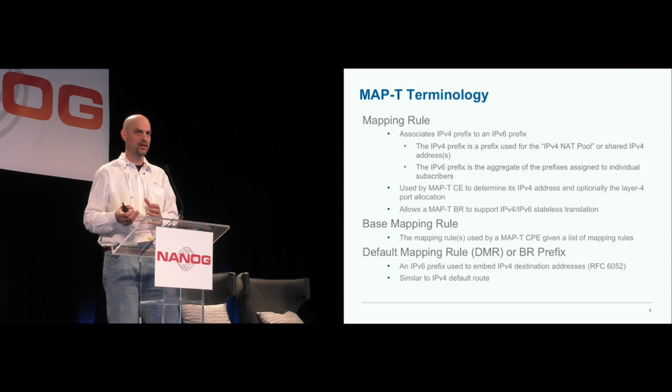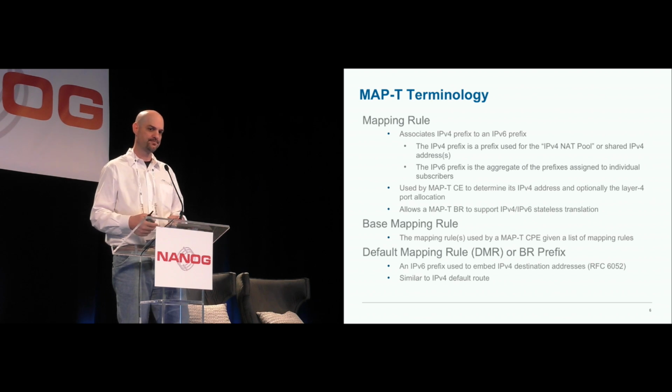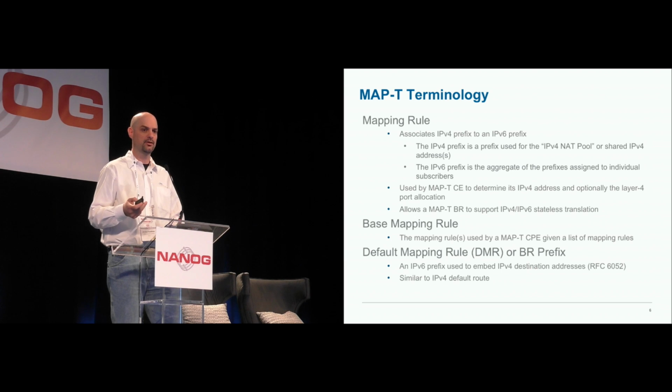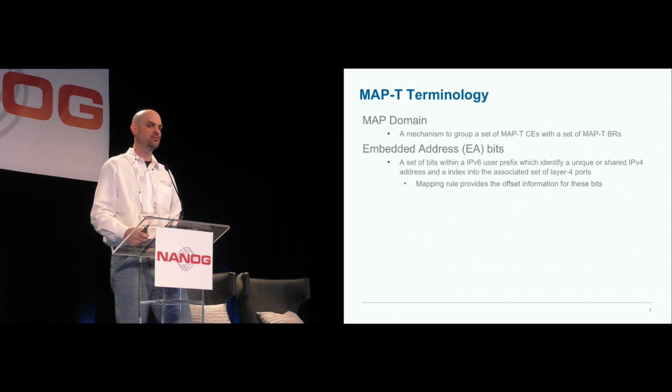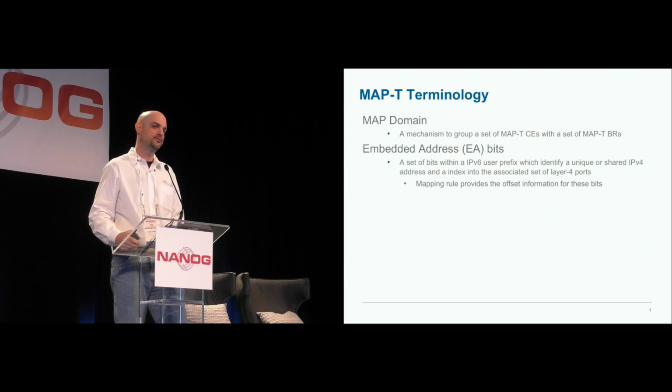Since this prefix is originated by the BR, any traffic that you're trying to tunnel through to the BR will be drawn by this route and processed by the border relay. As I mentioned, it's very similar to an IPv4 default route. Map domains is simply a mechanism to group a set of MAP-T CEs with a set of MAP-T BRs. We use it for scaling out the solution and distributing the load.